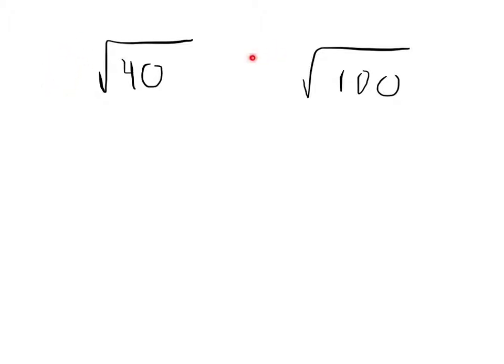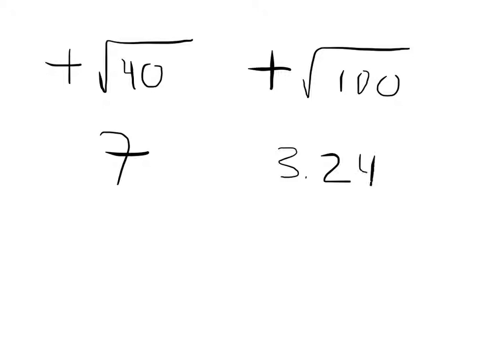Now, you'll notice in front of the radical, we don't have anything written in front of these radicals. And that, believe it or not, that nothing tells you something. It tells you that those two numbers are positive numbers. And just like when we have, for example, the number 7 or the number 3.24, if we don't have something written in front, it means it's positive.